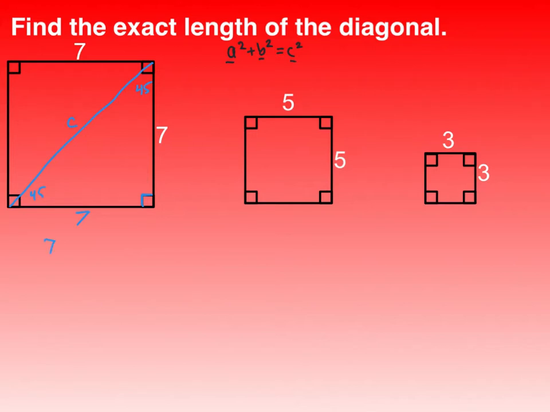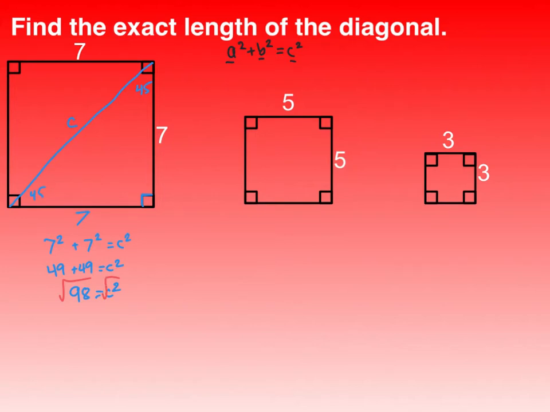So I'm going to have 7 squared plus 7 squared equal to c squared. That's going to be 49 plus 49 equal to c squared, and 49 plus 49 is 98 equal to c squared. To solve for c, I would need to take the square root of both sides.